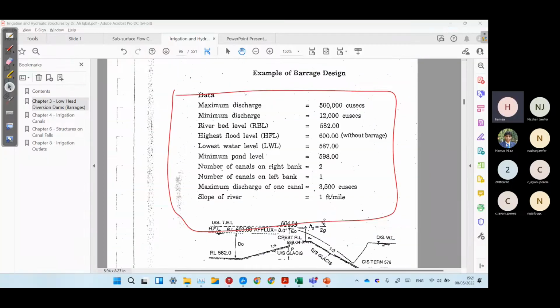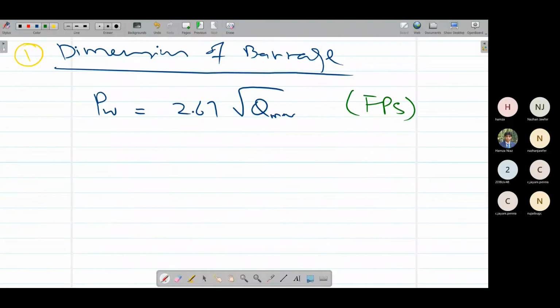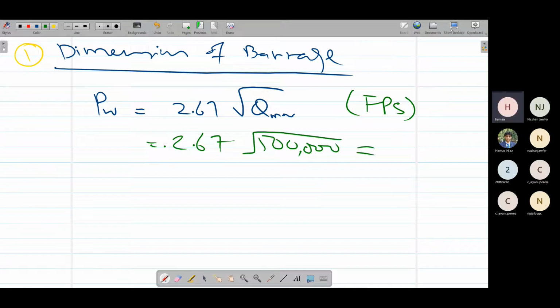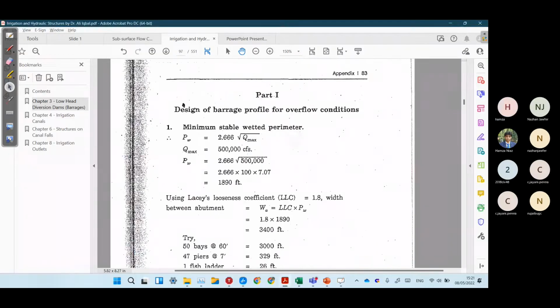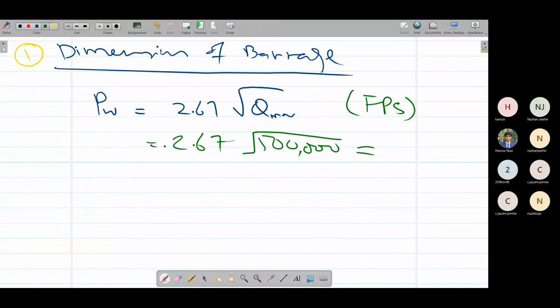Q max is 500,000 cusecs. So if we write 2.67 times root 500,000, we'll get some answer that is 1890 feet. So this is the minimum stable wetted perimeter.